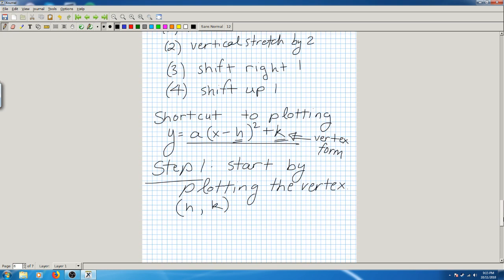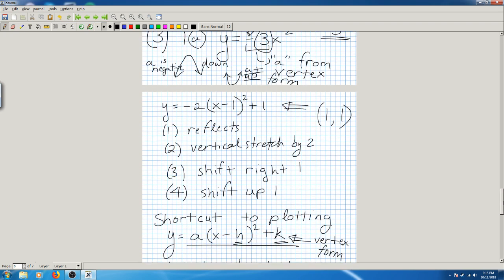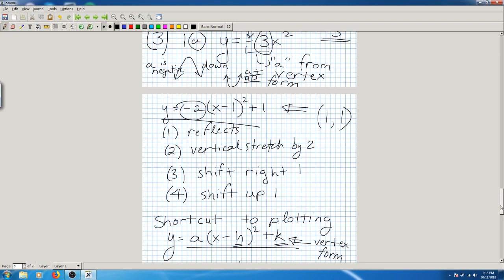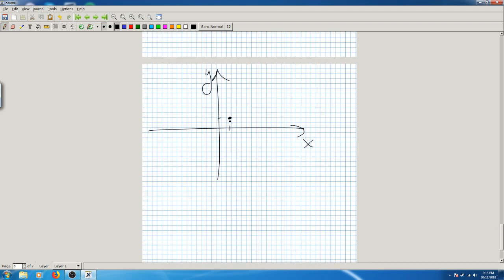Then we look up and we go, okay, this equation. How does it open? And what does that 2 actually mean? Well, the negative tells me it opens down. And that 2 we'll get to in a minute. But if it opens down, I know I have to draw a curve this way, right? So I need to know what my next few points are.